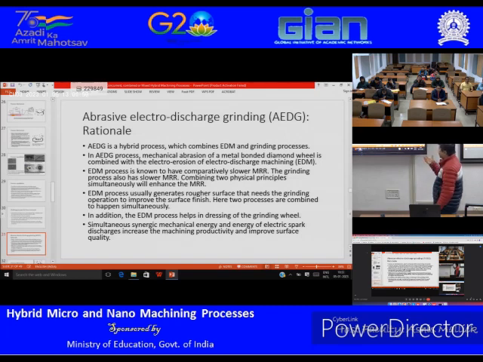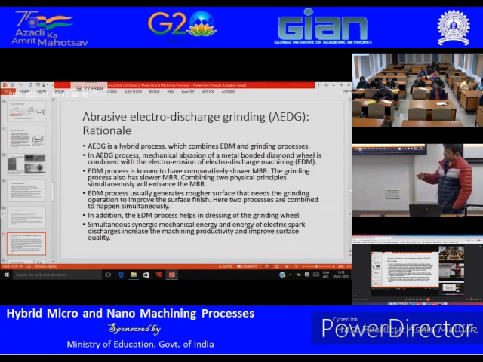Usually EDM creates a rougher surface that needs some kind of grinding operation, and from there the process comes. So you do the EDM and grinding simultaneously so that the recast layer and heat affected zone are removed, and it gives a better surface finish.